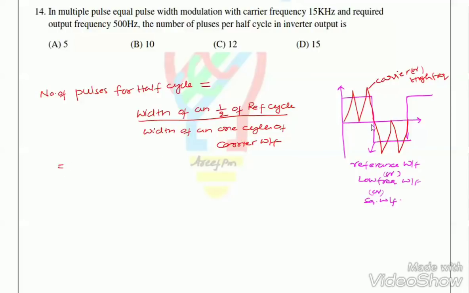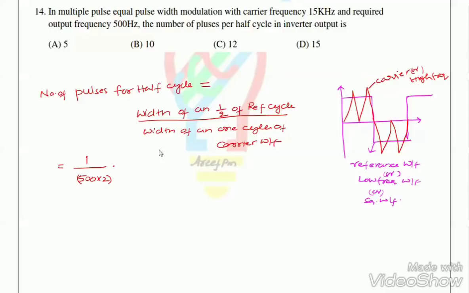So width of this waveform divided by width here. Width of a half of the reference cycle is nothing but time period. So time is inversely proportional to frequency. What is the frequency of this square waveform output? It is 500 Hz, but it is a half period, so we multiply with 2 here.